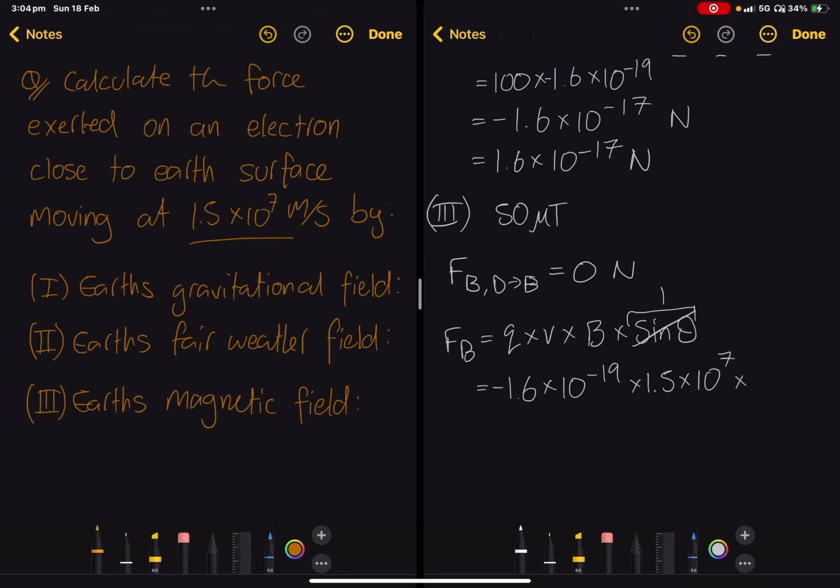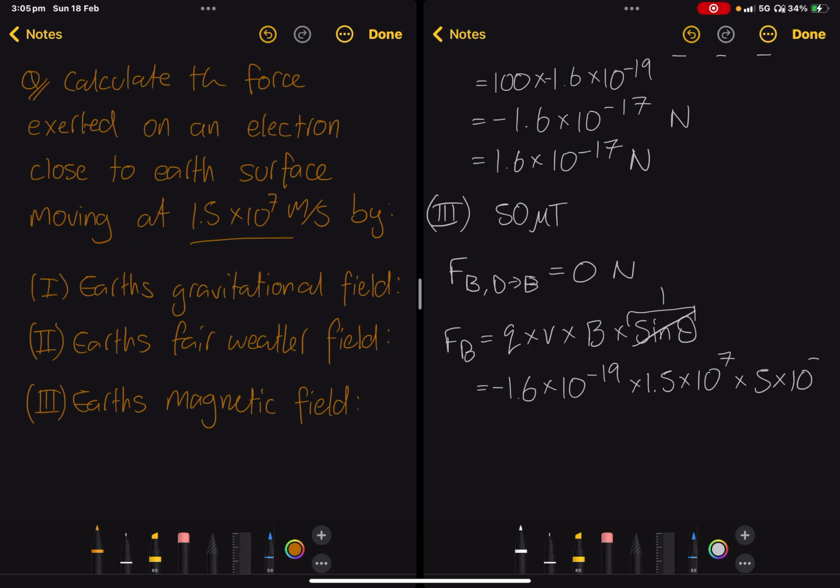We have to be very careful to convert this correctly. This is microteslas, so we're going from microteslas to teslas. You can always get a computer to confirm this number for you. The 50 microteslas will be 5 times 10 to the minus 5. Yep.